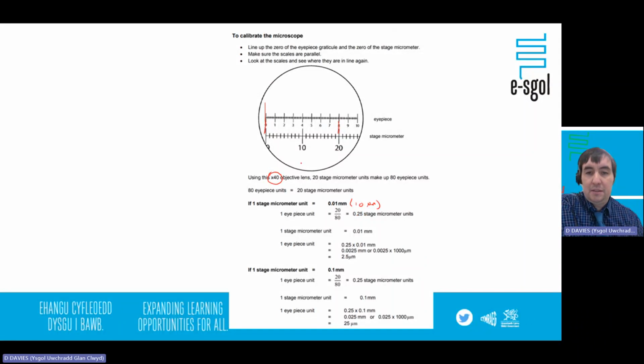That means that one of these is worth 0.25 of these. So one eyepiece unit is the 0.25 we've got there, times the 0.01 that we've got there.